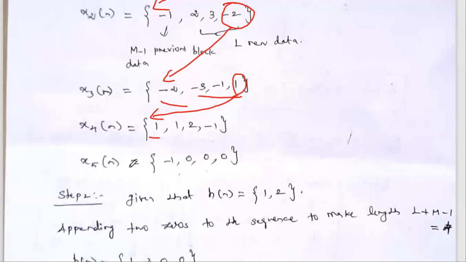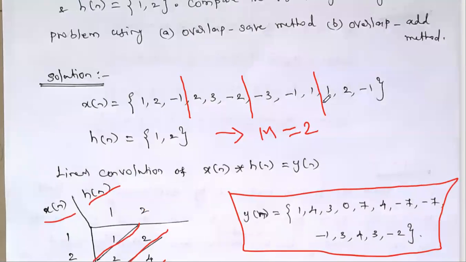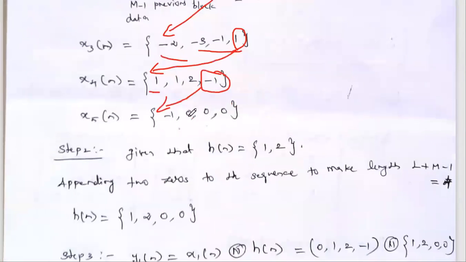Similarly, x5 is constructed by the last data followed by the next new data. Here no new data is available, since 1, 3, minus 1 is already over. So there is no data; that's why you just append 3 zeros. Okay, so we constructed x1, x2, x3, x4, x5.